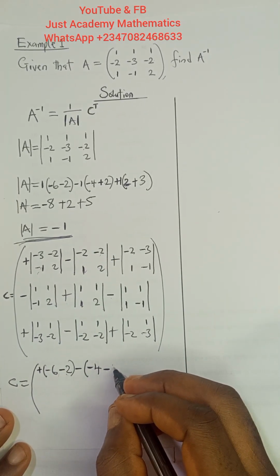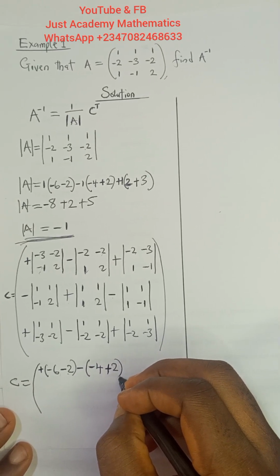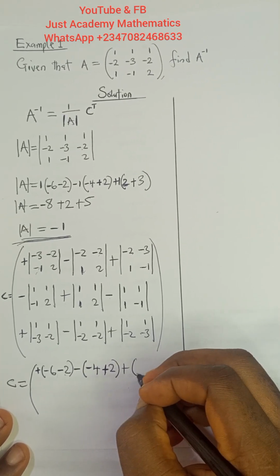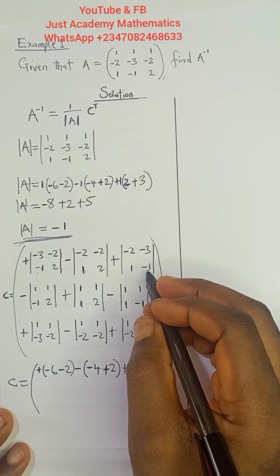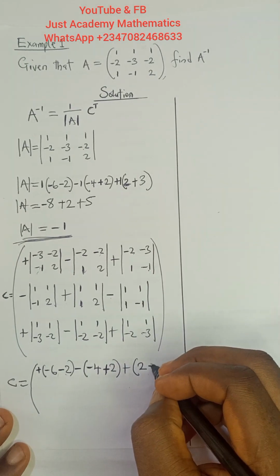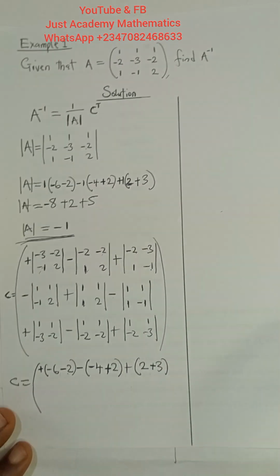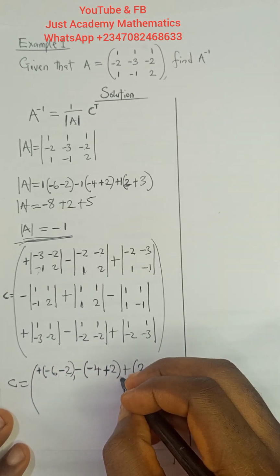So instead of writing minus 2, minus times minus is plus. So here will be plus 2 now. Plus this times this will give us 2 minus 3, which will give us plus 3. So that is it for the first.